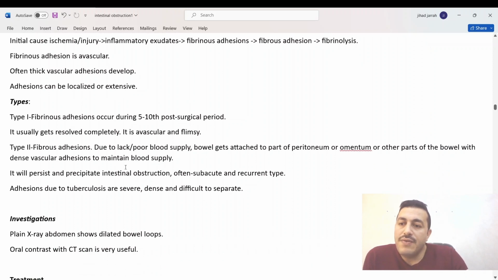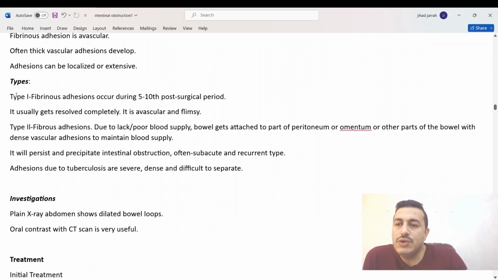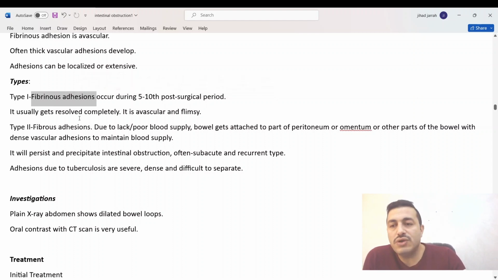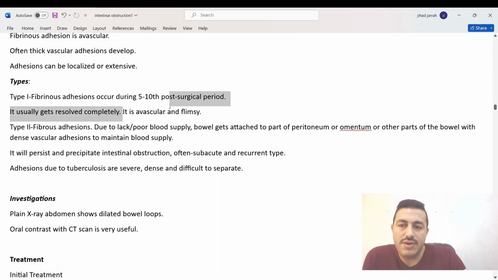Okay, the types, as I said, there are mainly two types. The first type is fibrinous adhesion. These are early adhesions; this is what you have to remember. Fibrinous, early, within 5 to 10 days in the post-laparotomy, post-surgical period, and they are avascular. Type 2 is fibrous adhesion.